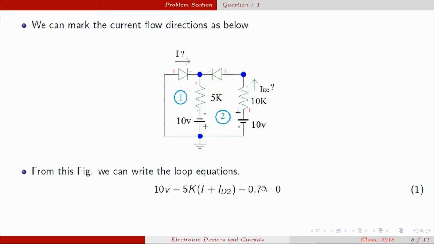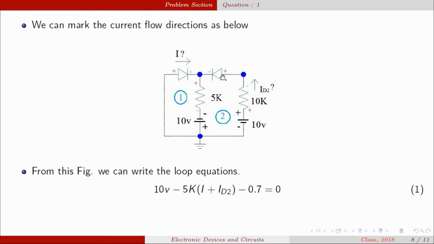Now considering the second loop, we get 10, minus to plus, so we take this as positive. Here plus to minus means minus 10k into ID2.